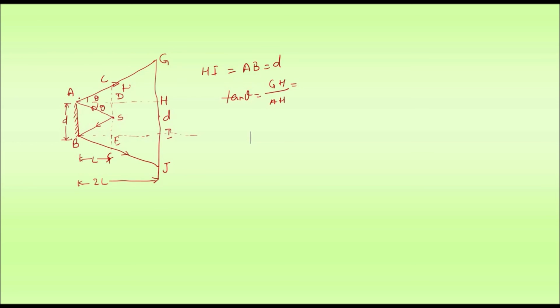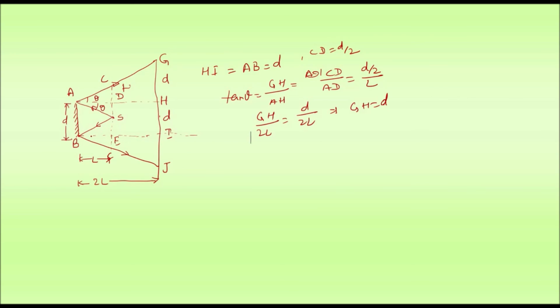And again, if you consider triangle ACD, then it is equal to CD divided by AD. From this figure, CD is equal to d by 2. From there we get d by 2 divided by L, so GH divided by 2L is equal to d divided by 2L, and from there we get GH equal to d.